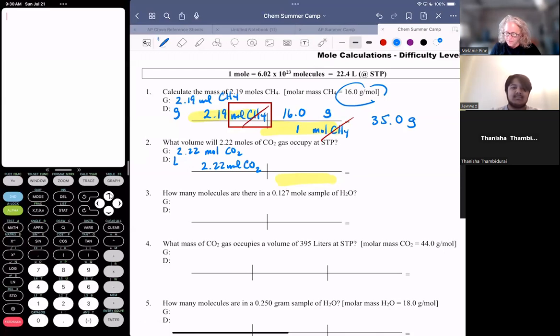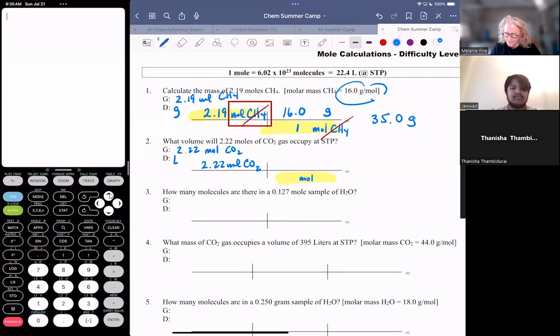Yeah. Perfect. Okay. And again, what do I want in the top? What am I looking for? What do I put up here? Liters. Perfect.